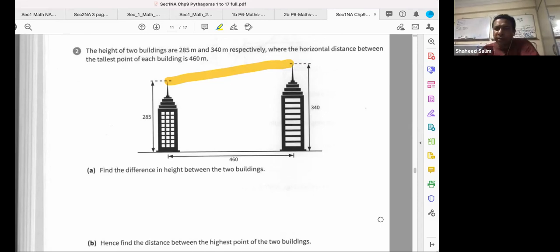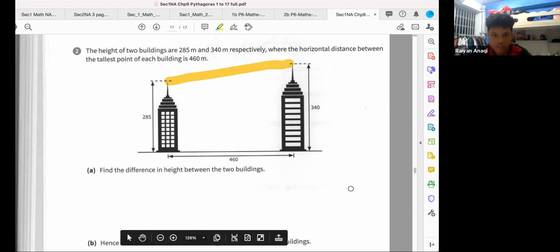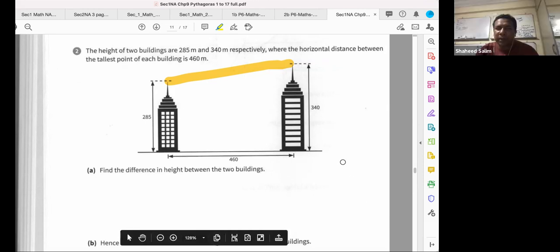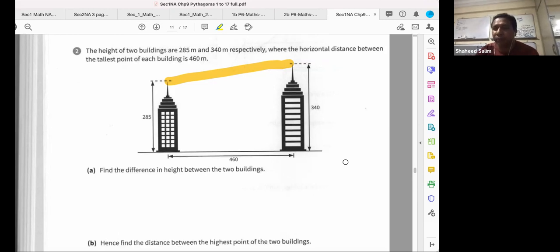Now, do you understand what I'm saying? No. Okay, so if you don't understand what I'm saying, that means you may have an internal fear of problem sums. So what you need to do, you need to break it down.